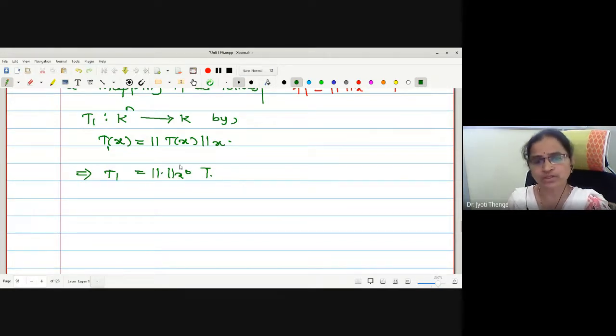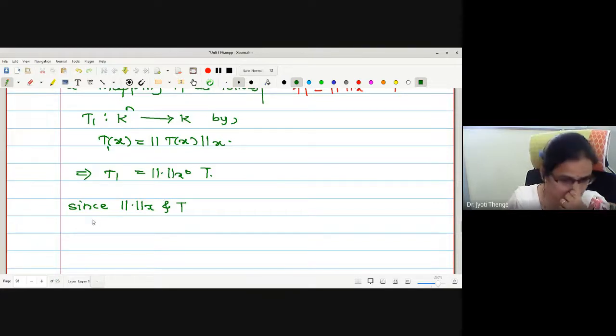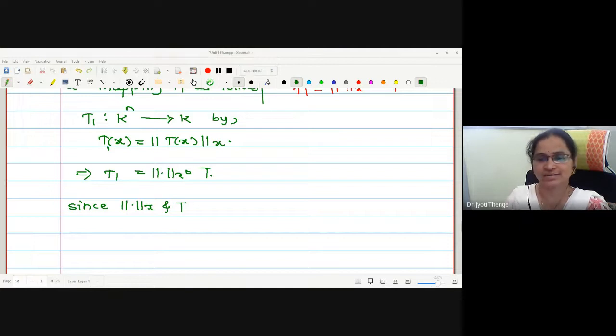What about the norm function? Is it continuous always? Yes, norm is continuous because initially we have proved it somewhere in the first two or three lectures. Norm is uniformly continuous and hence continuous also.